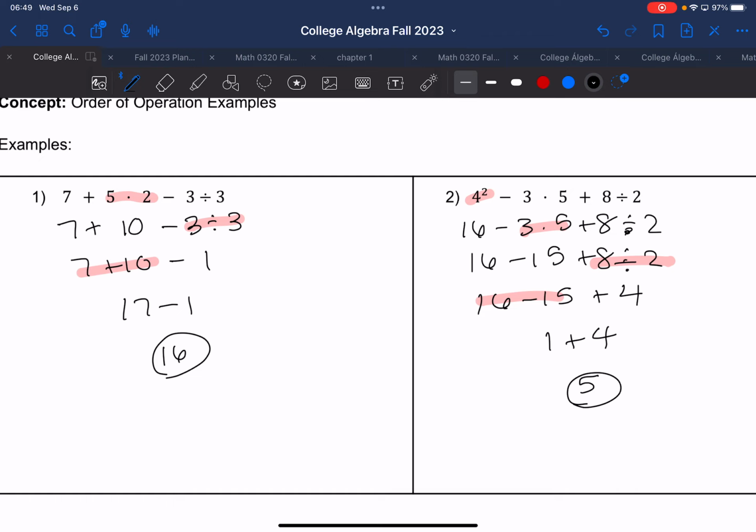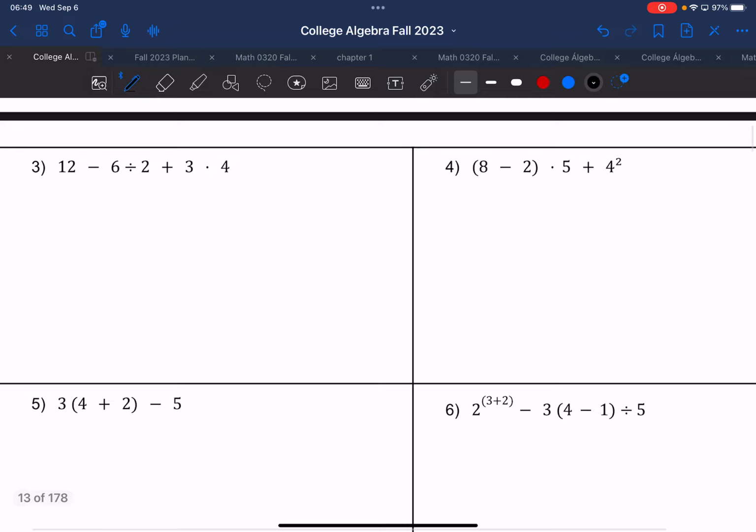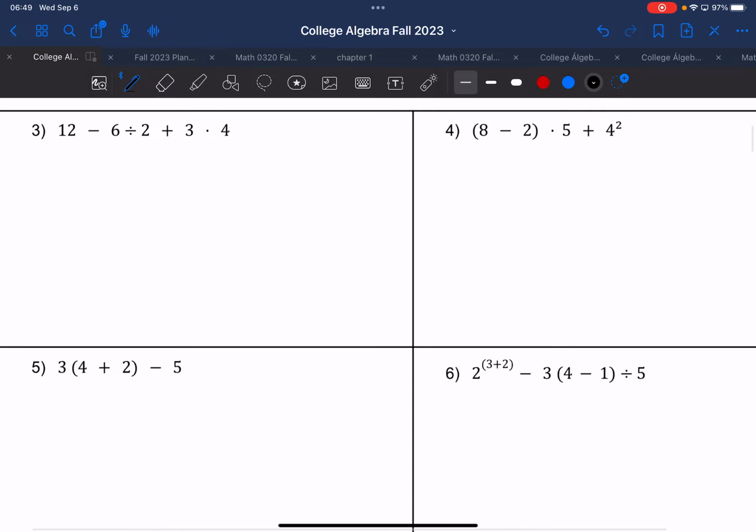Okay. Go ahead and take a moment and try 3. And is this large enough for everyone to see in the back?